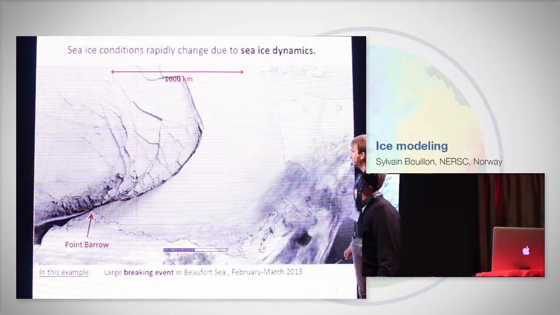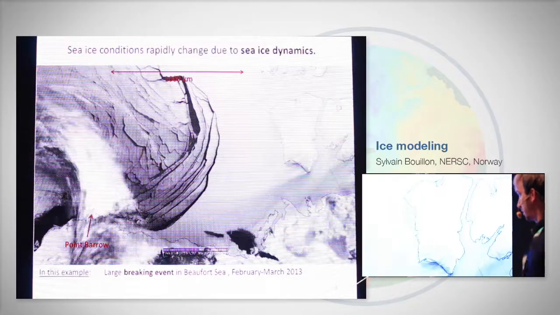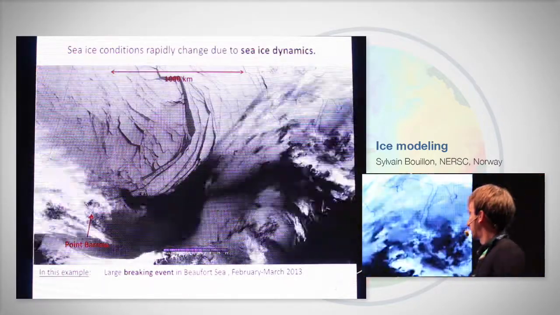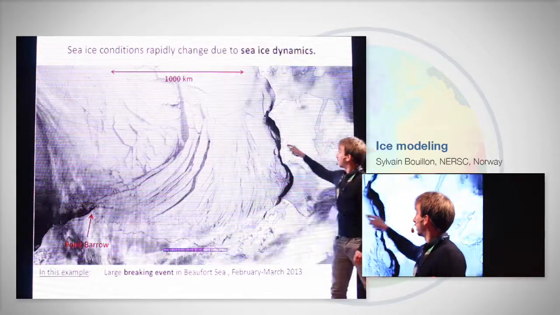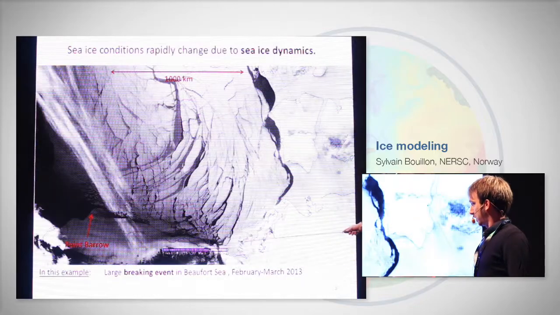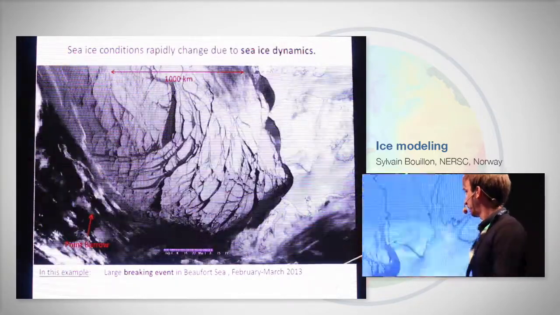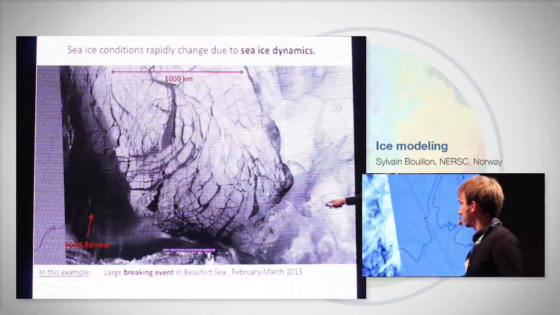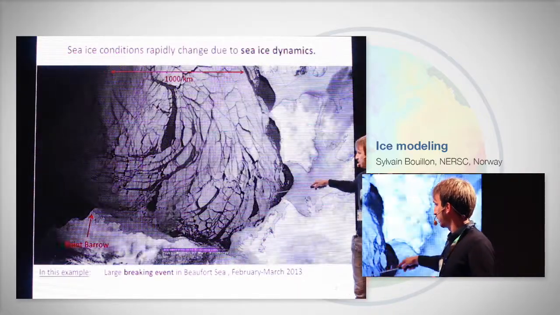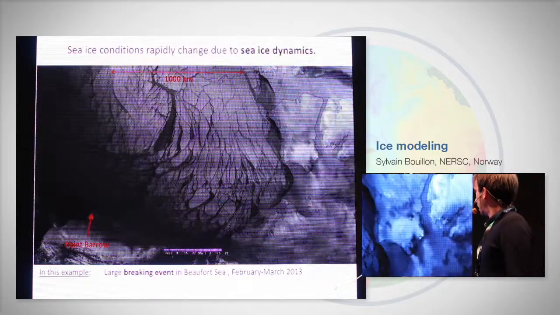And then at the beginning of March, there is a storm passing over the region, and it actually completely breaks the whole ice pack over this very large region. So the dynamics of sea ice is completely different from before and after the storm. You have all these big blocks that can be hundreds of kilometers large that are formed.